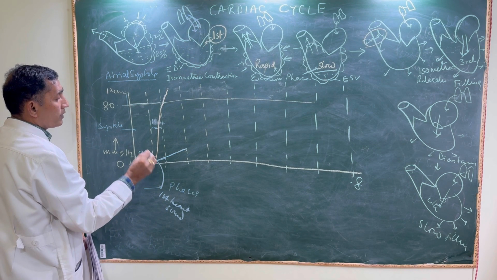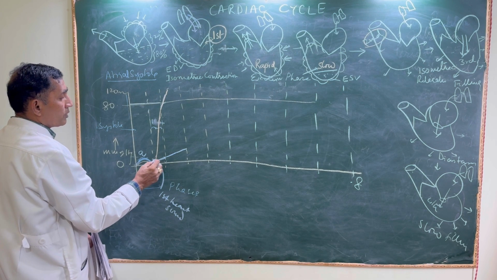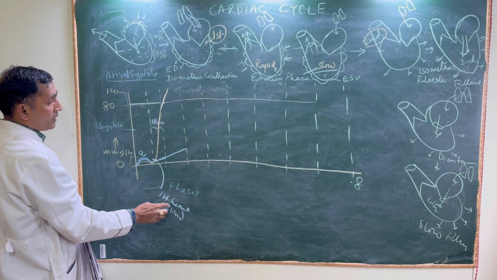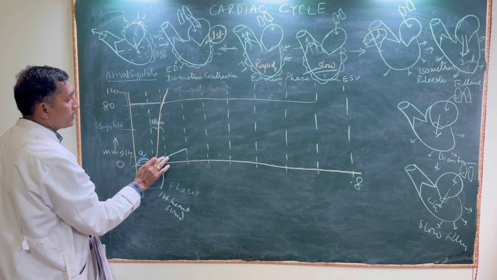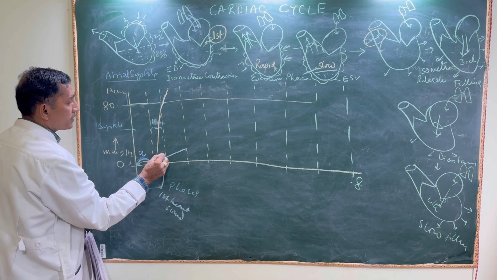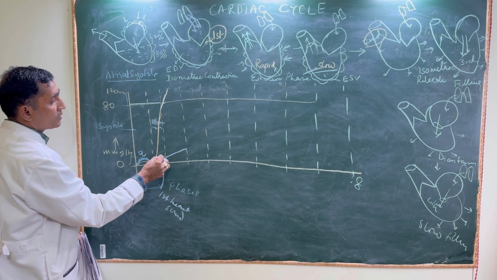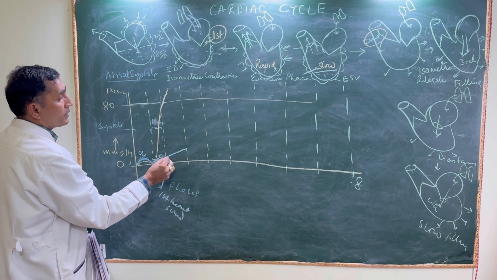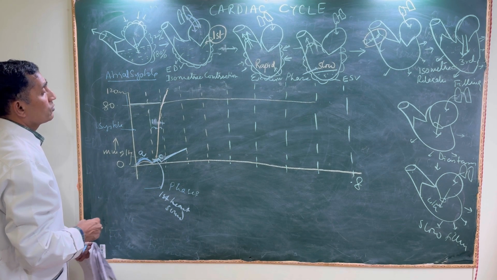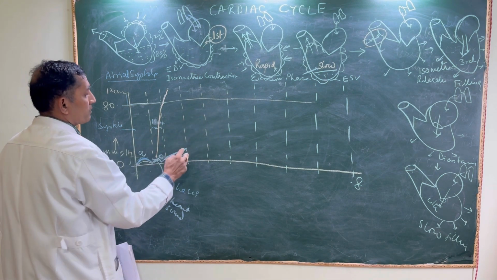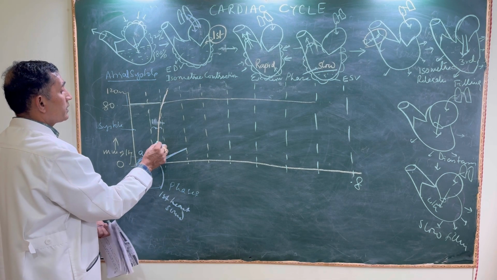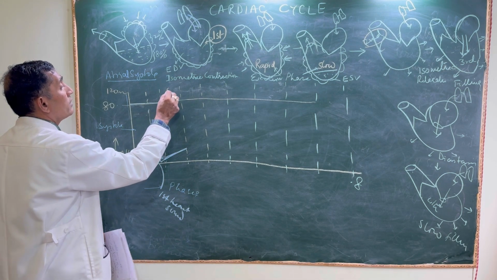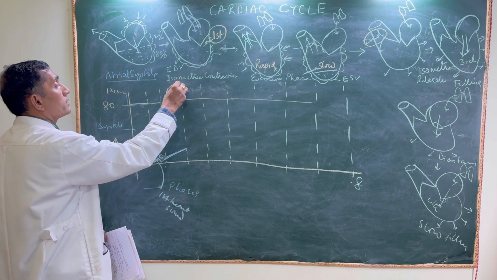So that is the A wave. Because of the first heart sound, there will be a change in the pressure here, and that is the C wave. Then the volume increases. In this ejection phase, the pressure in the ventricle is also increased.